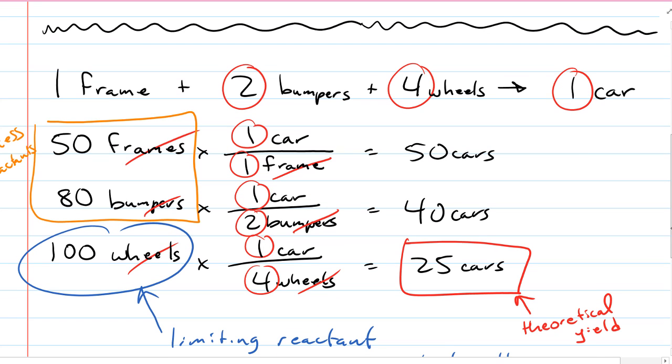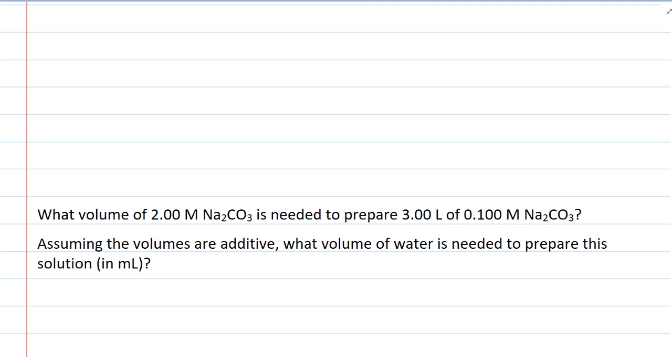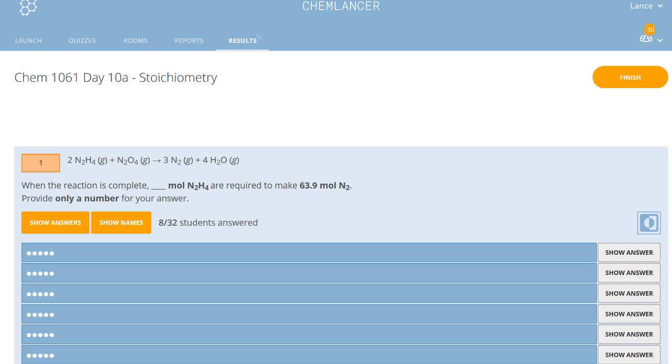Here we go. We're looking at something like this, and when we looked at this particular example, we were talking about these numbers out front being coefficients in a balanced chemical equation, very similar to what we are seeing here on this equation, where these coefficients now are going to represent numbers of moles.